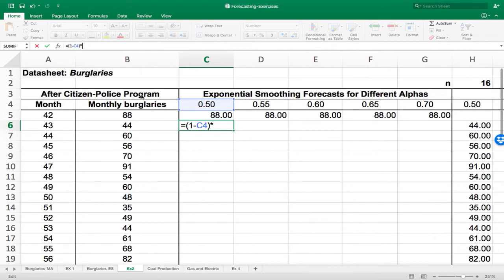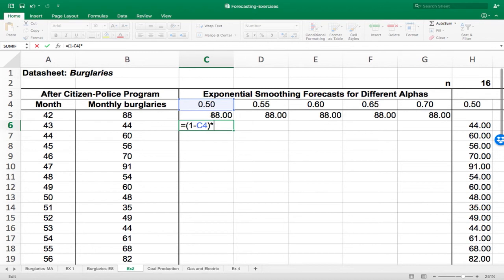My F(t) is my forecast that I made previously for the previous month, which is 88 in this example. Remember, I took my first observation as my forecast. You can also do this for other assignments unless otherwise stated. Sometimes questions specify exactly what should be the first month's forecast if you're dealing with an exponential smoothing problem.